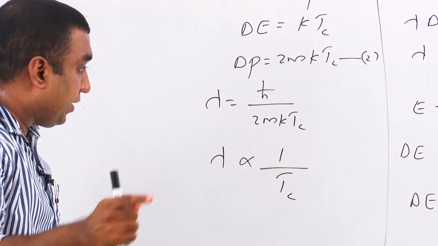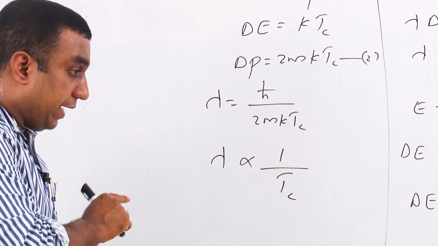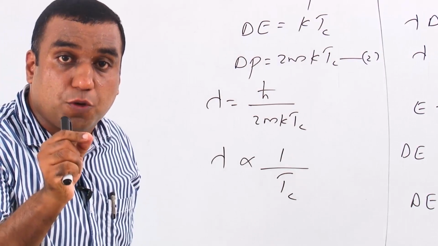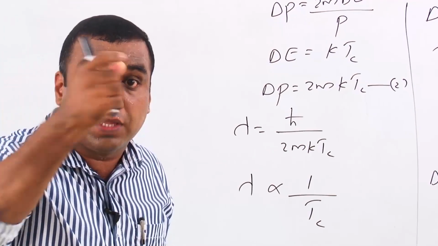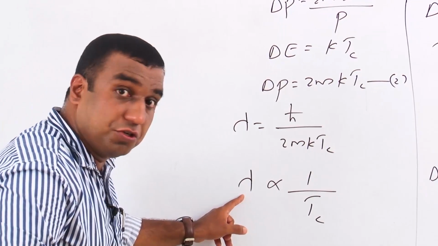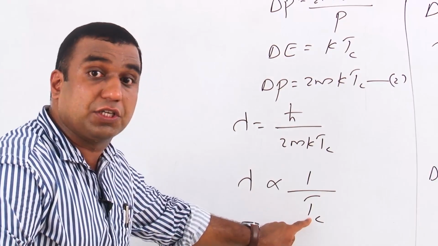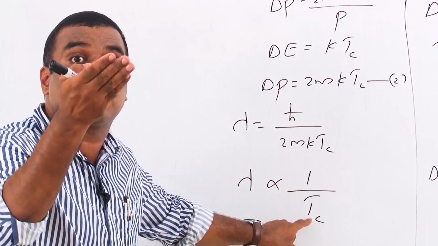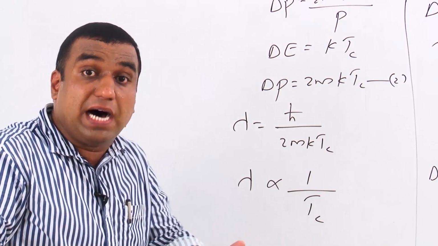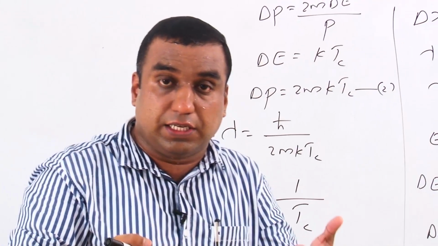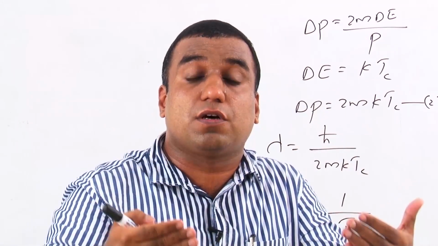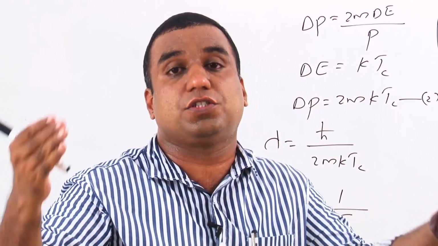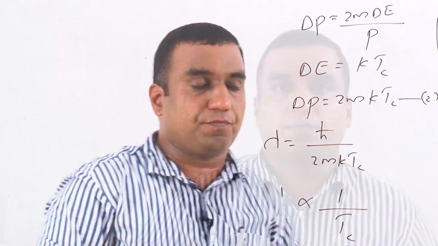That's what I told earlier. In the case of type 2 superconductors, the coherence length is too short. Since the coherence length is too short, the critical temperature is much higher, and much higher critical temperature makes possible the use of such materials in technological applications.